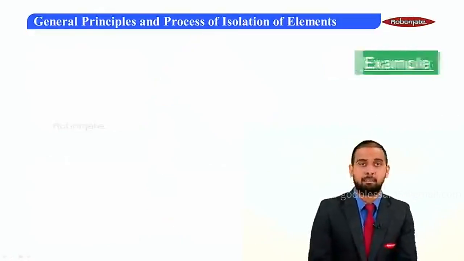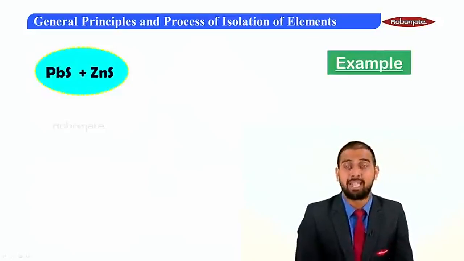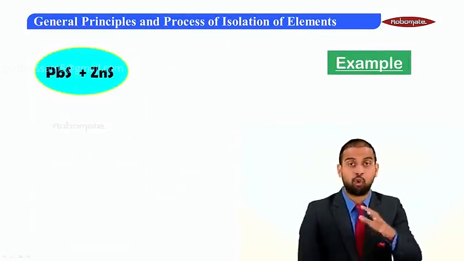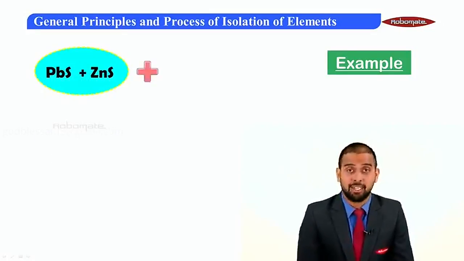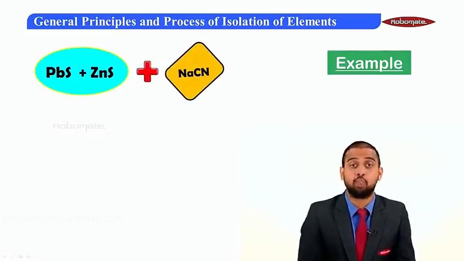Let us take an example where I have a mixture of lead sulfide and zinc sulfide. I want only one sulfide ore to come out and the other to go as an impurity. So I will add a depressant, and a very common depressant, as I said before, is sodium cyanide.